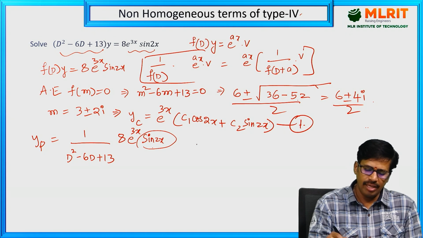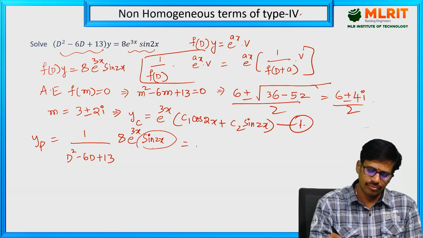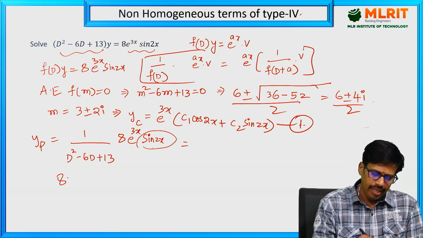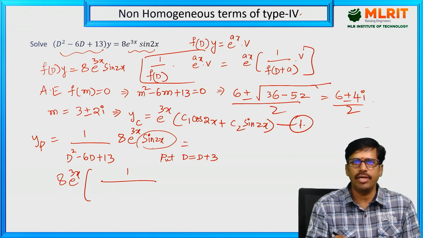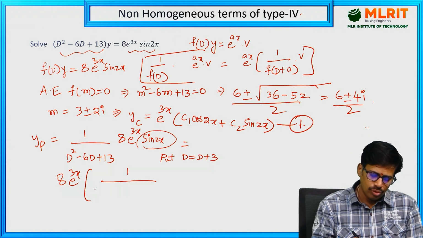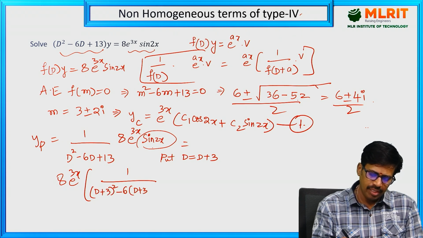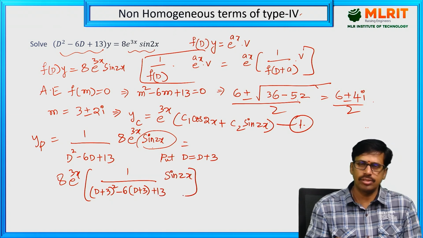So let us take e power 3x outside. 8 e power 3x into, just replace D with D plus a. a means what? 3. So in place of D, write D plus 3. So we get (D plus 3) whole squared minus 6 into (D plus 3) plus 13, and the function is sin 2x.